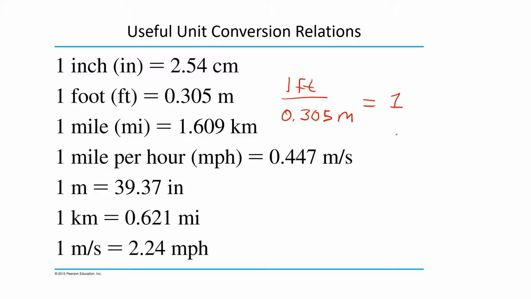I could also say 0.305 meters divided by 1 foot is equal to 1. Again, I warned you about my handwriting. Sorry, I'm doing the best I can. Okay, that is actually useful for our problem. Let's go to that again.